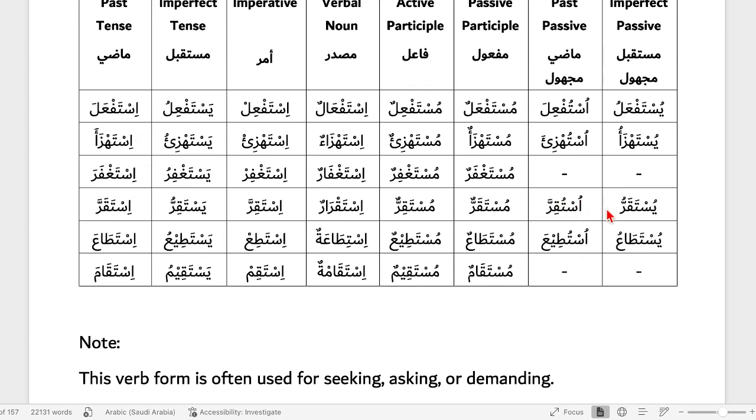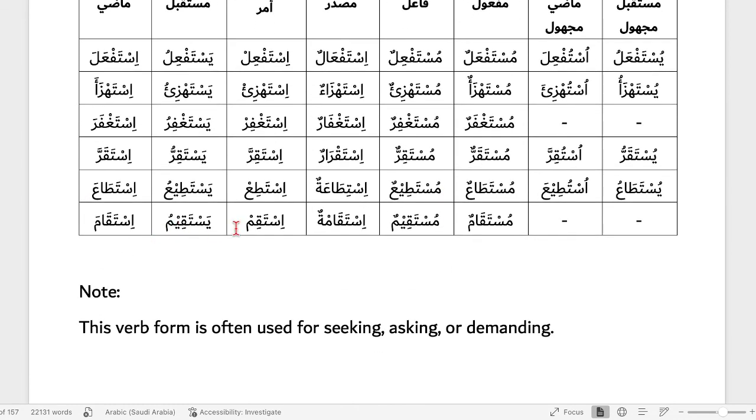So mazi majhul and mudare majhul. Istata'a, yastati'u, istati', istita'atun, mustati'un, mustata'un, ustutiya, yustata'u. And another one, istaqama, yastaqimu, istaqim, istiqamatun, should be fatah here, istiqamatun.